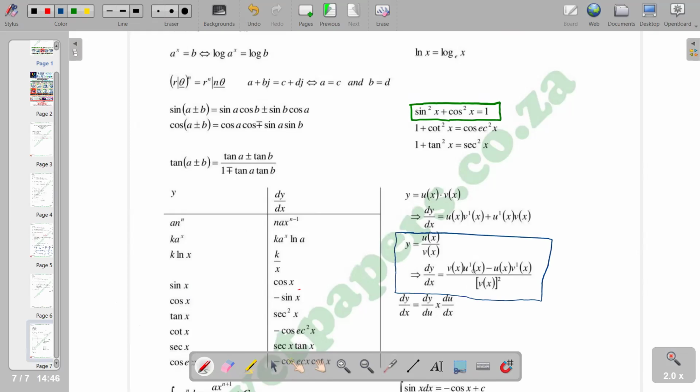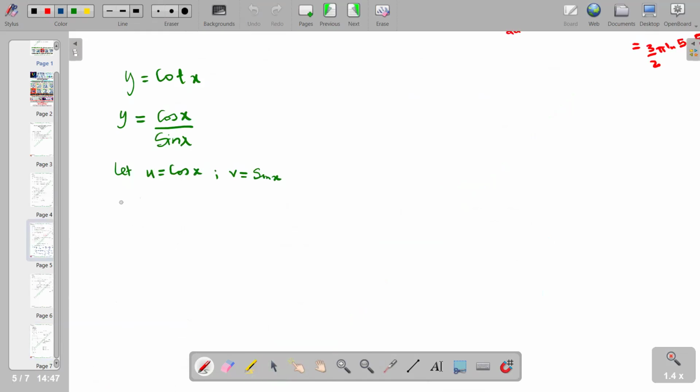It means using the quotient rule, dy dx will be equal to v, which is our denominator, multiplied by du dx, subtract u, which is the numerator, multiplied by dv dx, all over v squared. We just extracted that from the formula sheet.